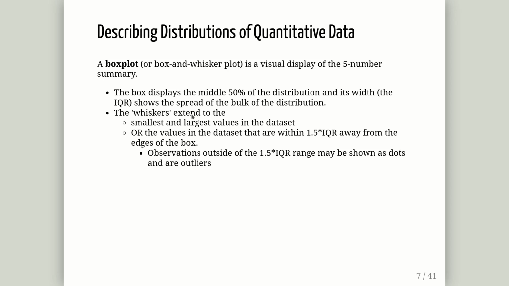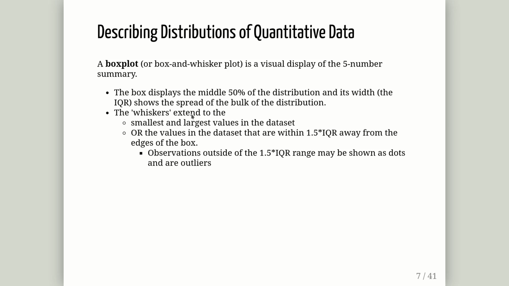There are a couple variations for box plots. The simplest is you draw a whisker from the edge of the box to the smallest value and from the upper edge of the box to the largest value, and you call it good. Sometimes it's more informative to draw whiskers in such a way that we can identify outliers easily.